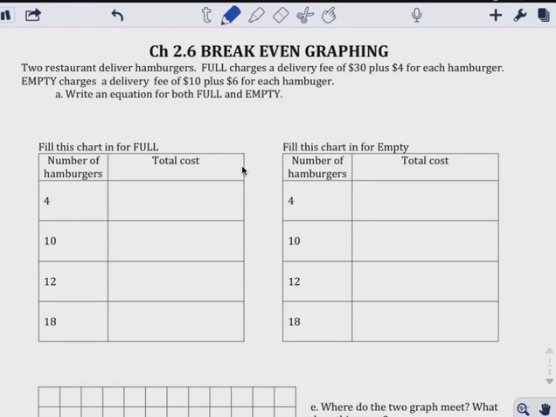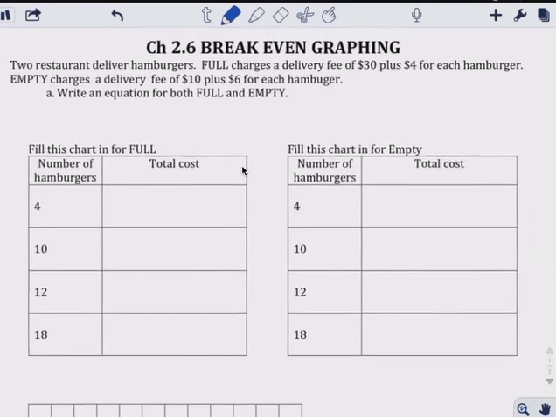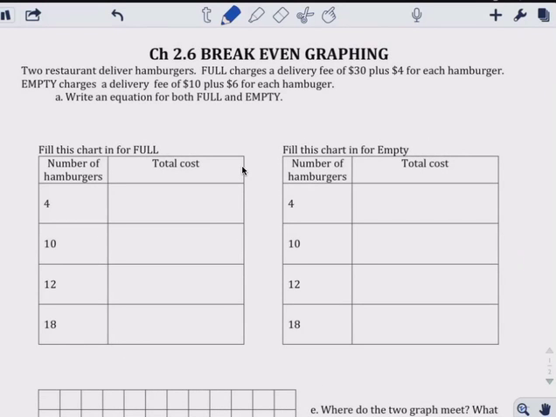It says Day 2. And I expect you to answer the question on the side. Let's work on this together. If you know how to do it, go ahead and start on it.